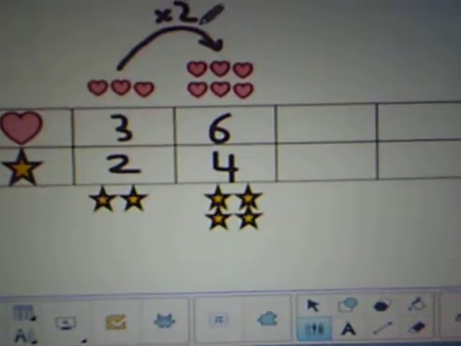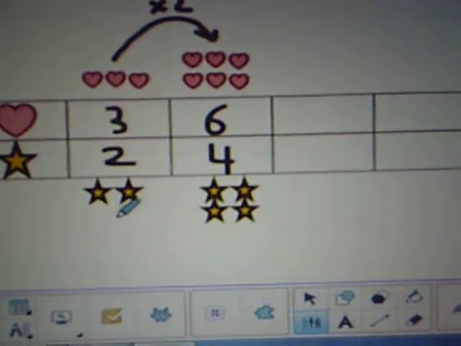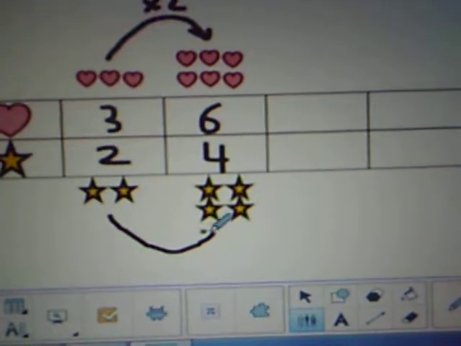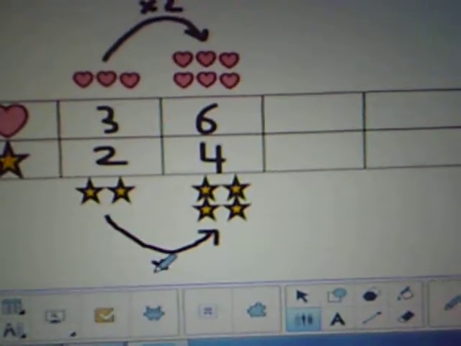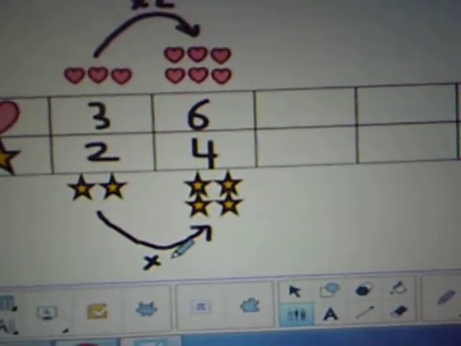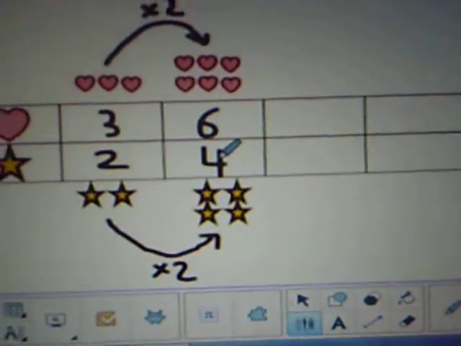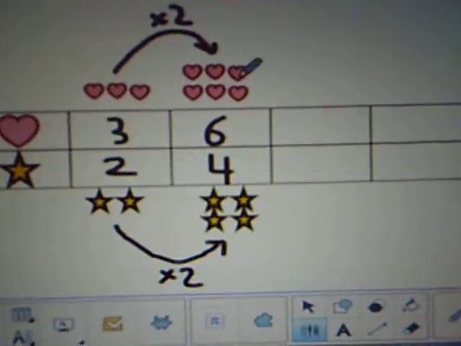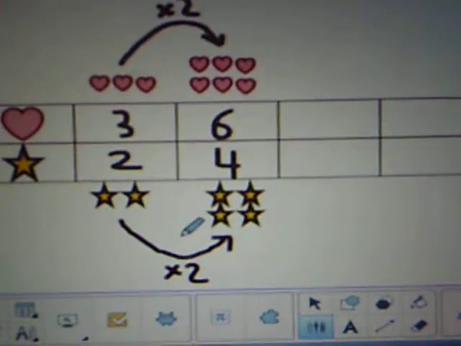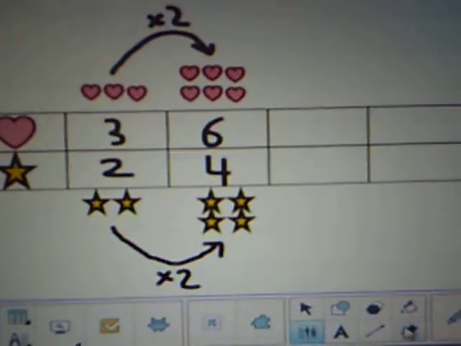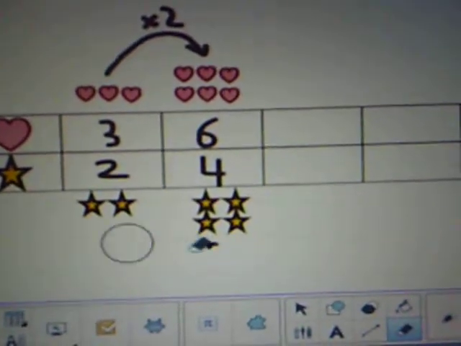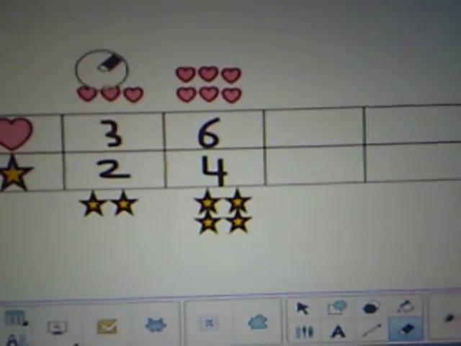We took 3 times 2 gives us 6. So we must also share that same relationship down here. We take 2, multiply it by 2, and get 4. We basically doubled the amount of hearts and doubled the amount of stars. Okay? So that relationship is important to determining equal ratios.